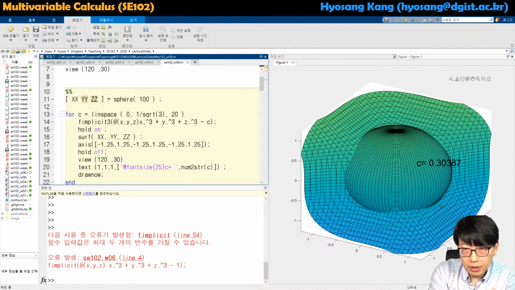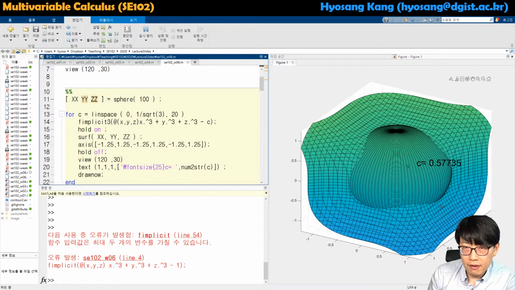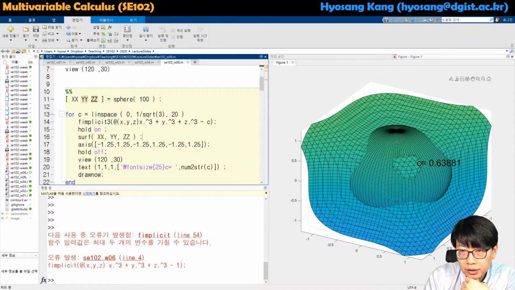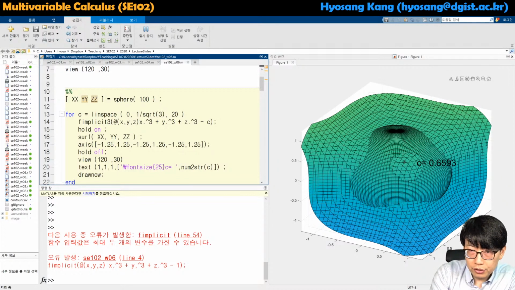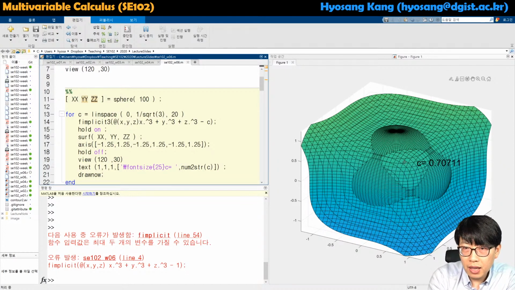If I keep increasing c, there are points nearby which have value of f less than or bigger than this point. But when I get to this point in the middle here, in the neighborhood of this point all the values of function f are greater than the value at this point, because the neighborhood points are the intersection of the sphere with the level set at the greater level c.